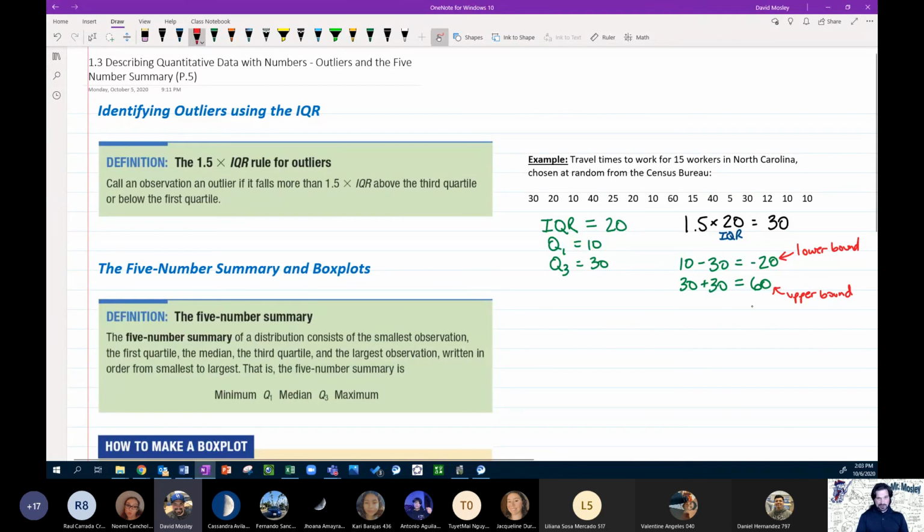In our data set, we don't have anything greater than 60. We only have something equal to 60, so it does not become an outlier. So in this data set, we have no outliers. We have mathematically determined that there are no outliers in this data set. We're close, but not quite there. What questions do you have?